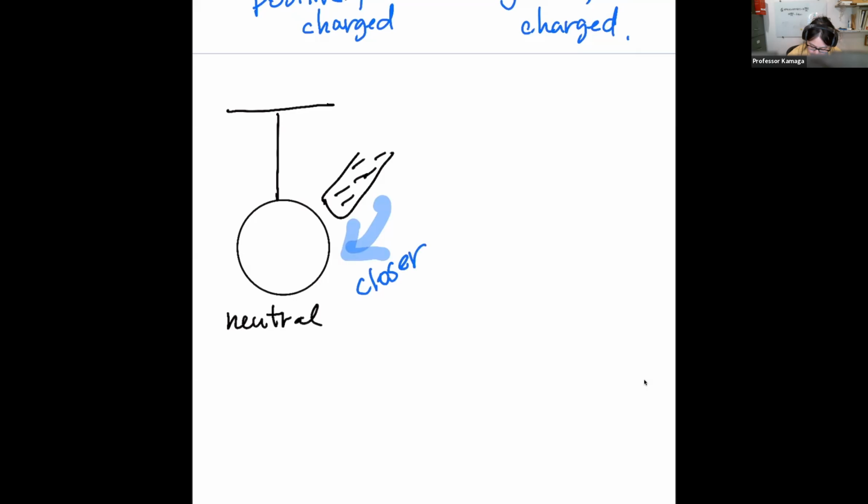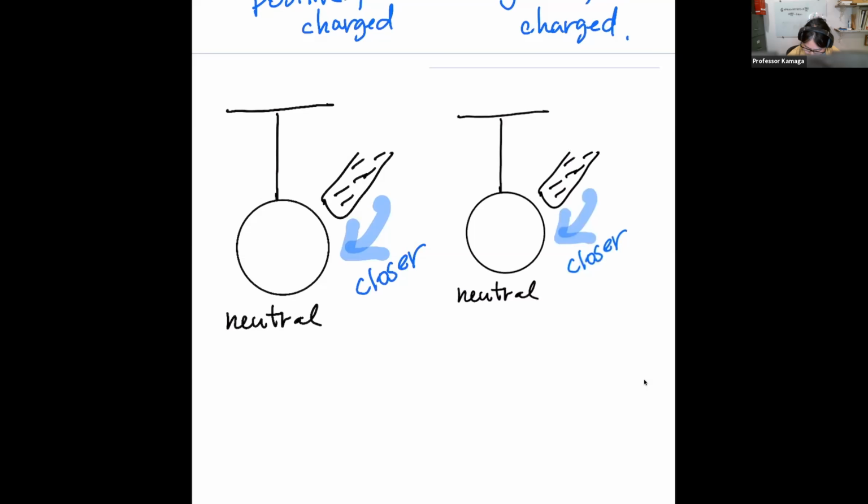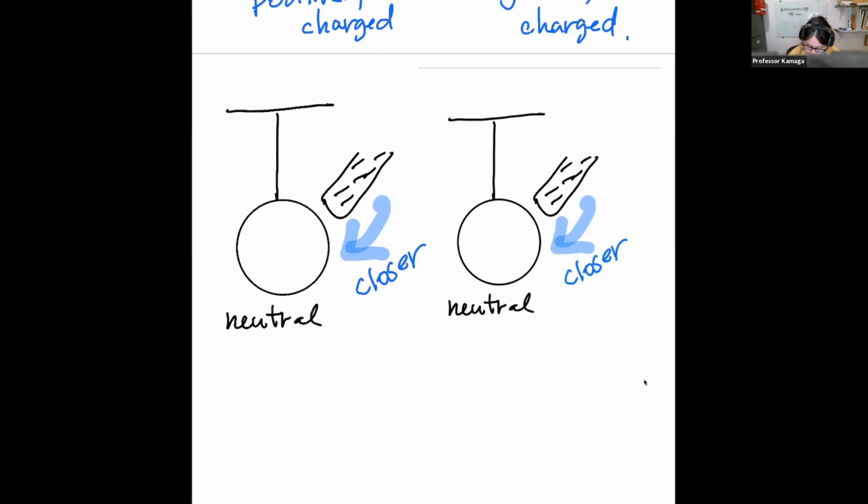Then what happens to this metal ball? We're going to have again the positive attracted on one side and negative on the other side.